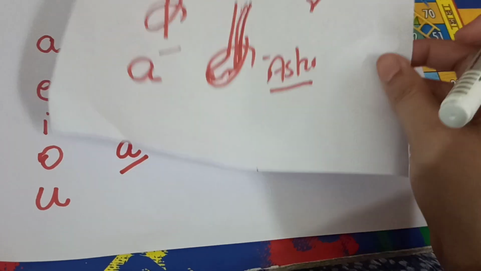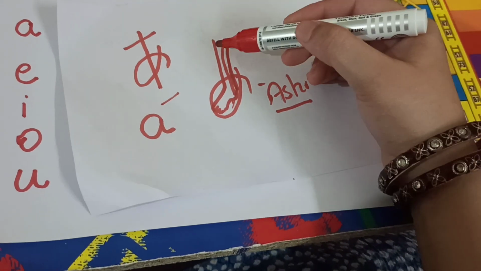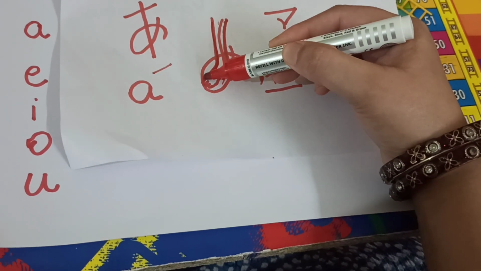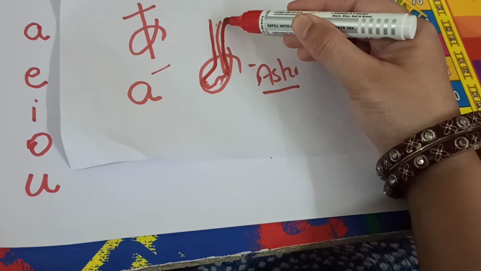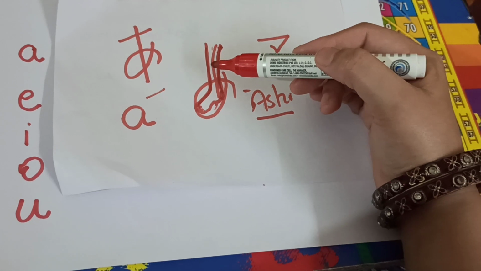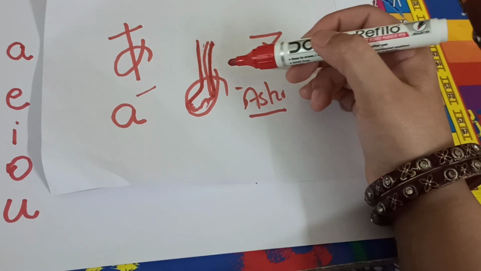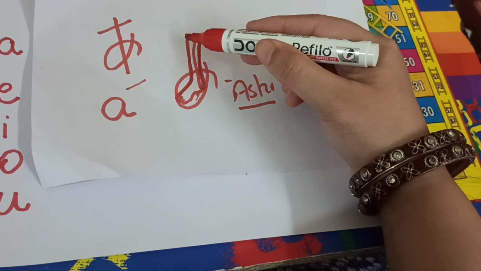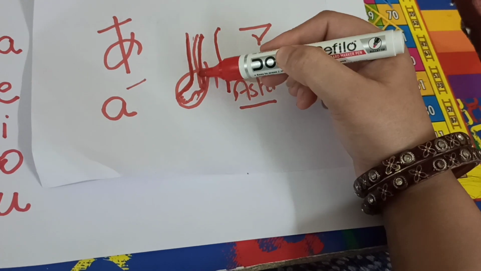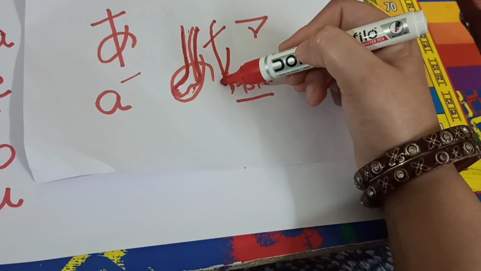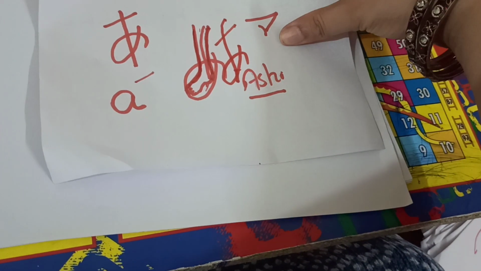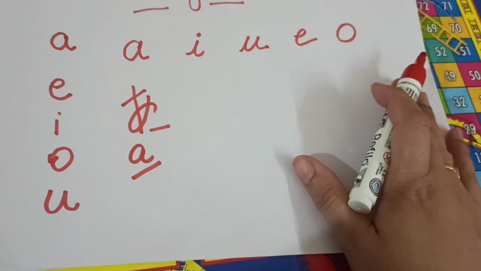A is like a foot with a leg. This is a picture of a foot. Friends, my drawing is not so good, so please ignore this. This is just to remember how to write A. This is the basic structure, and this foot is like this. Ashi means foot.